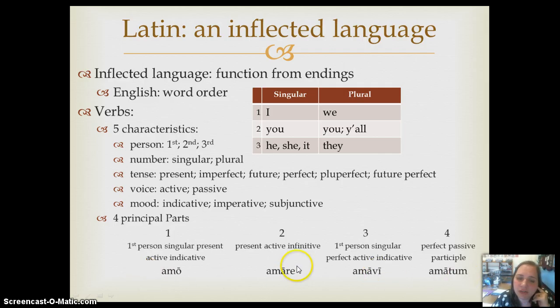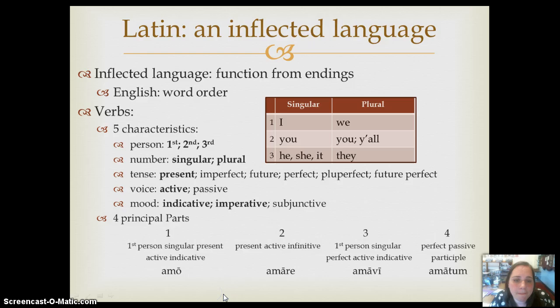You need each of these principal parts for a different reason, but they also are forms in and of themselves. So the first principal part is the first person singular present active indicative. The second principal part is the present active infinitive. The third principal part is the first person singular perfect active indicative, and the fourth principal part is the perfect passive participle.